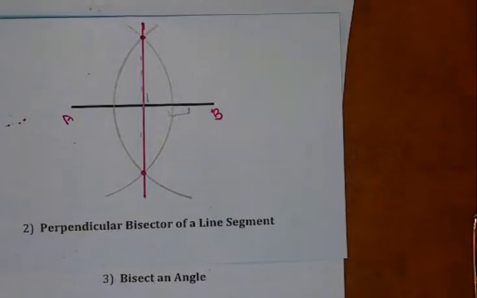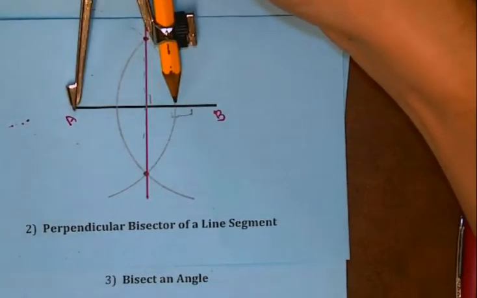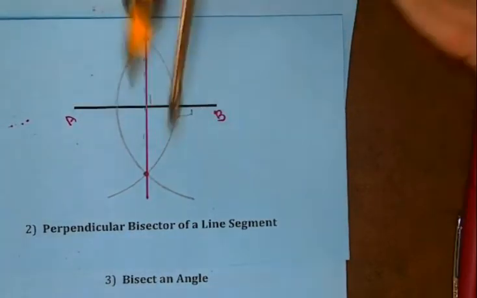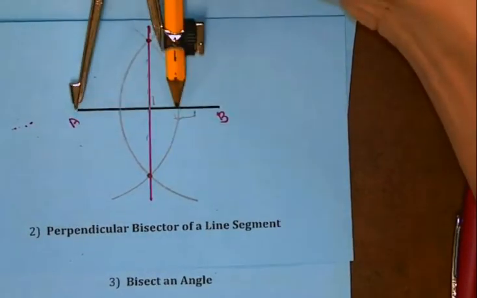It's okay if it's a little bit crooked. It's like an oval, though. You make a half circle from A, which is this one here. And you make a half circle from B. So you make two half circles, one from A, one from B.